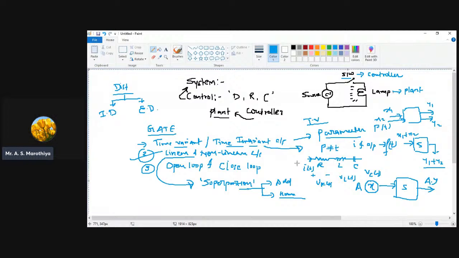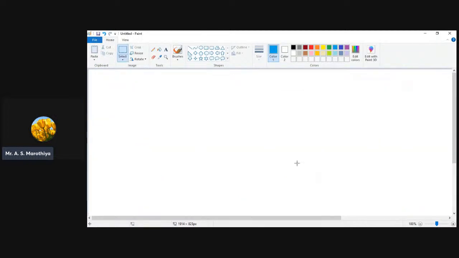And then we discussed in detail the concept of open loop and closed loop control systems. So what is an open loop control system? In case of an open loop control system, suppose this is a system, and to this system we apply some input in the form of excitation, say R of t, and corresponding to that it generates some output, say C of t.